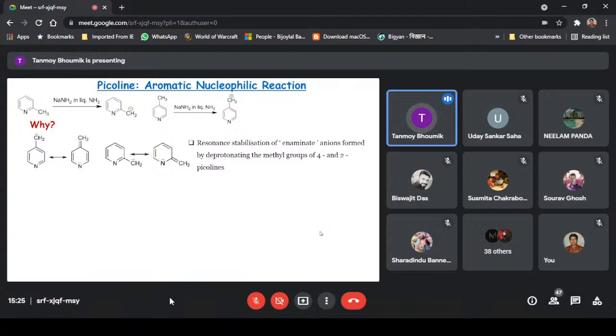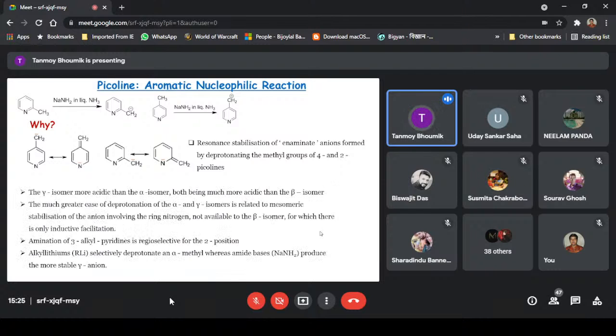This picoline anion is stabilized through resonance, and then the gamma isomer is obtained. The gamma isomer is more acidic than the alpha isomer, and both are much more acidic than the beta isomer. The greater ease of deprotonation of the alpha and gamma isomers is related to the mesomeric effect.